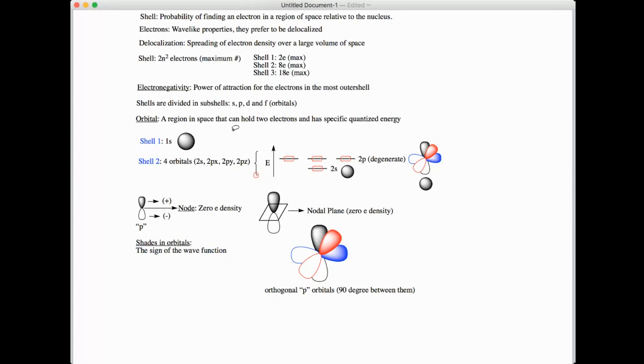The solutions to these equations are these orbitals, and that's why they have these shapes. In these solutions, some are positive and some are negative, so that's what it means.